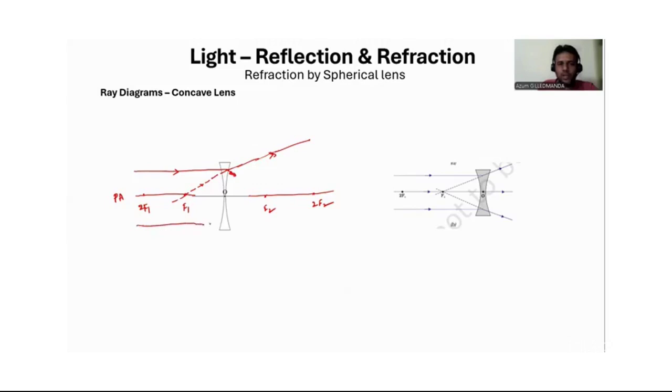Similarly, if you have another parallel ray that is also diverging out on the other side, it appears that it is coming from the focus F1. So in concave lens, a virtual image is always formed. If a parallel beam of light is sent, a virtual image is formed on the same side, at F1. It's a point size image.